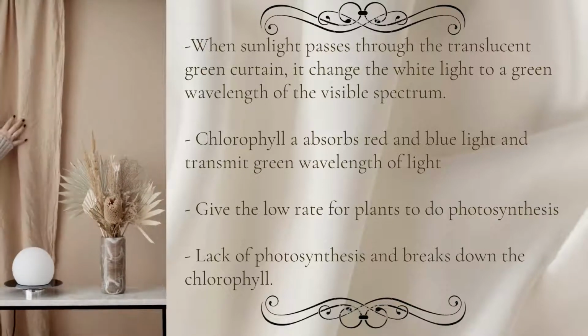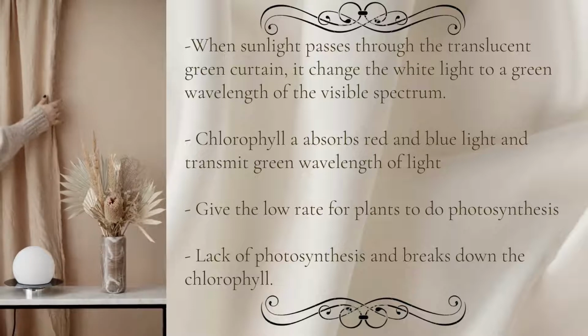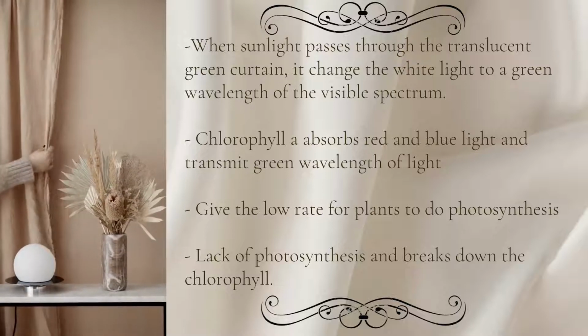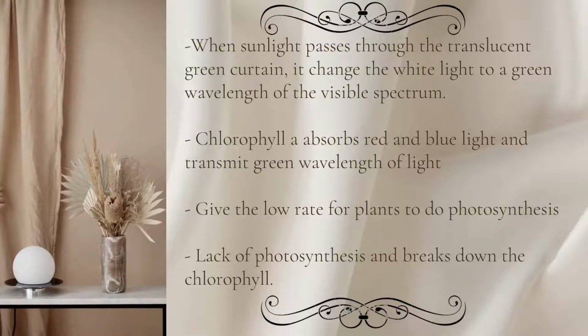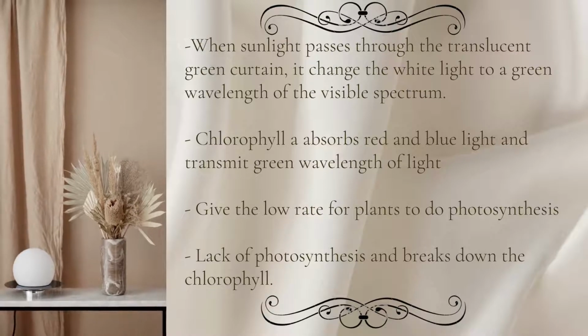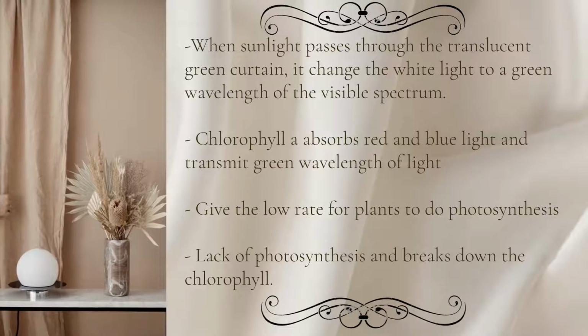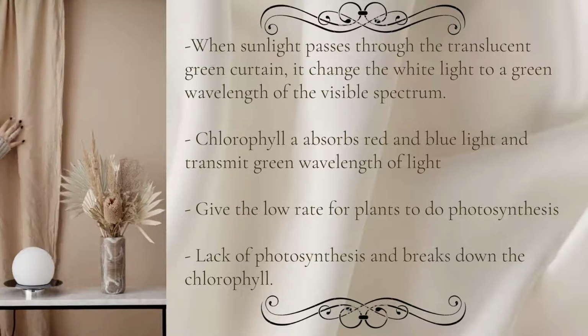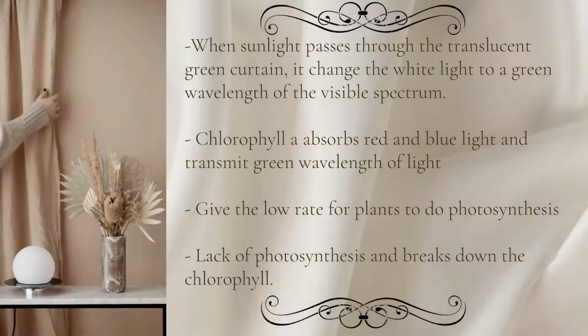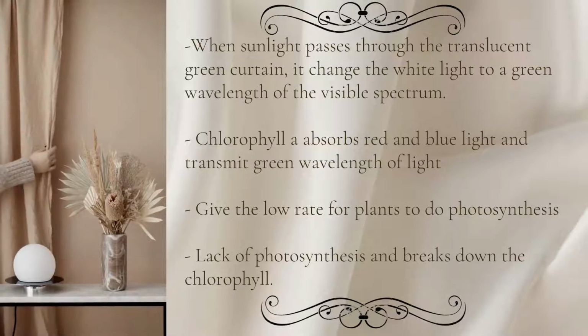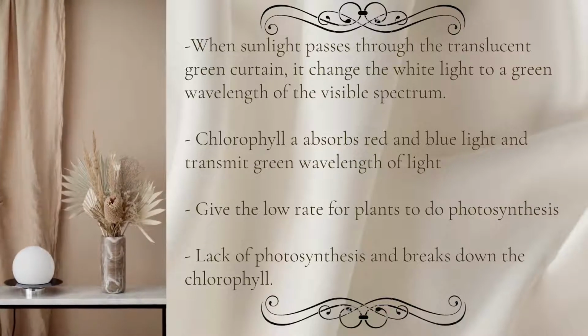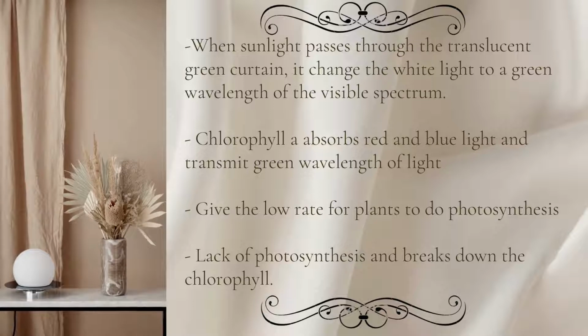It is because the translucent green curtain that she used in the room made her plants not grow. The translucent green curtain changed the light to the green wavelength of the visible spectrum when it passed through.